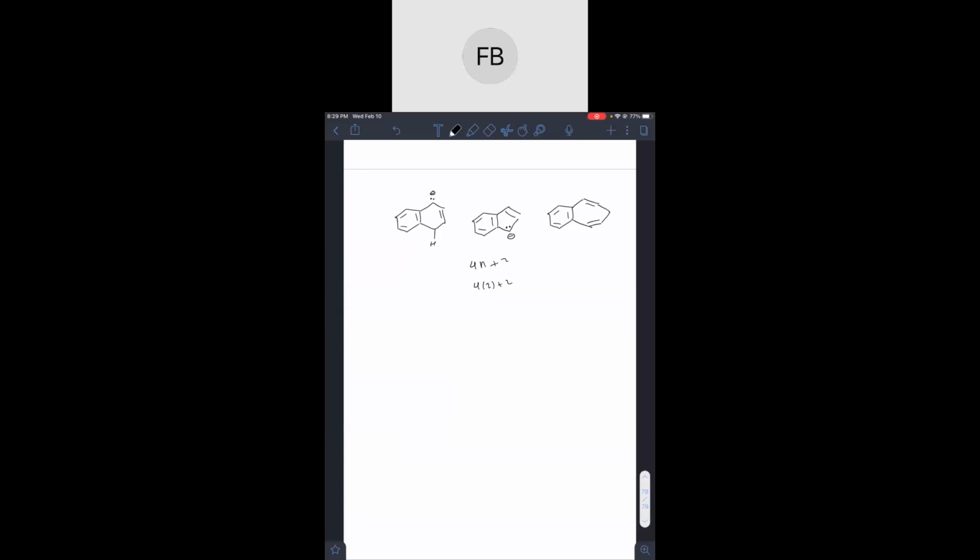So that's 8 plus 2, which is 10. It's not a multiple of 4, so it works. This one becomes aromatic afterwards. So that would indicate that it's acidic, a very weak acid, but far stronger than the others.